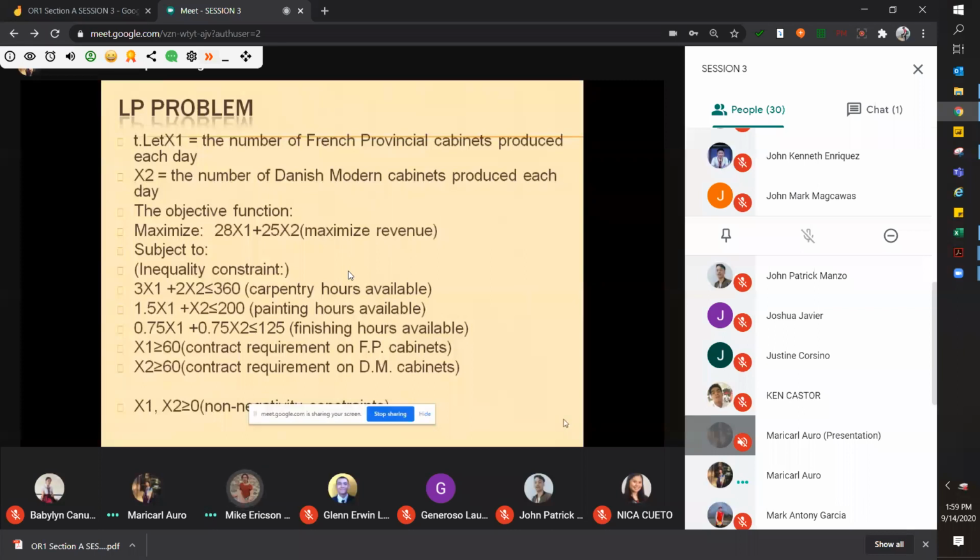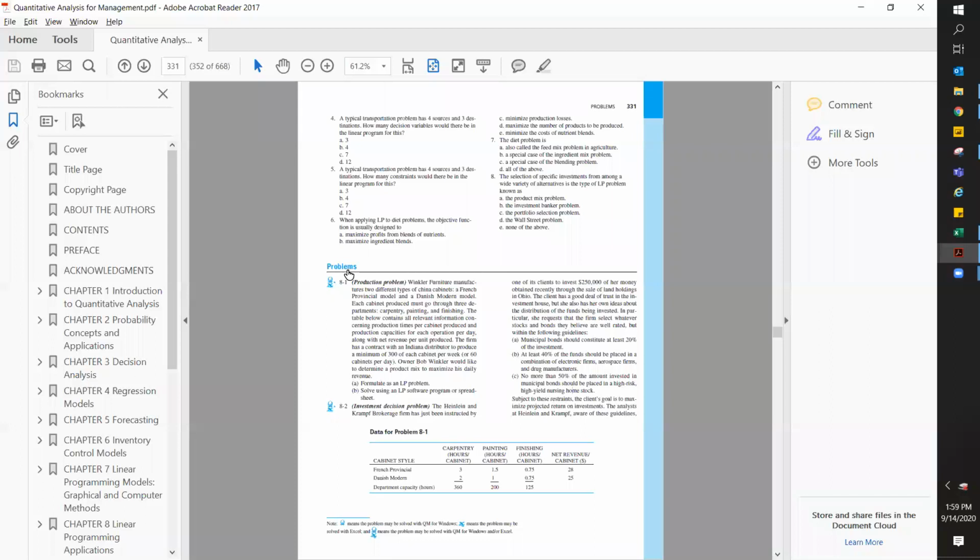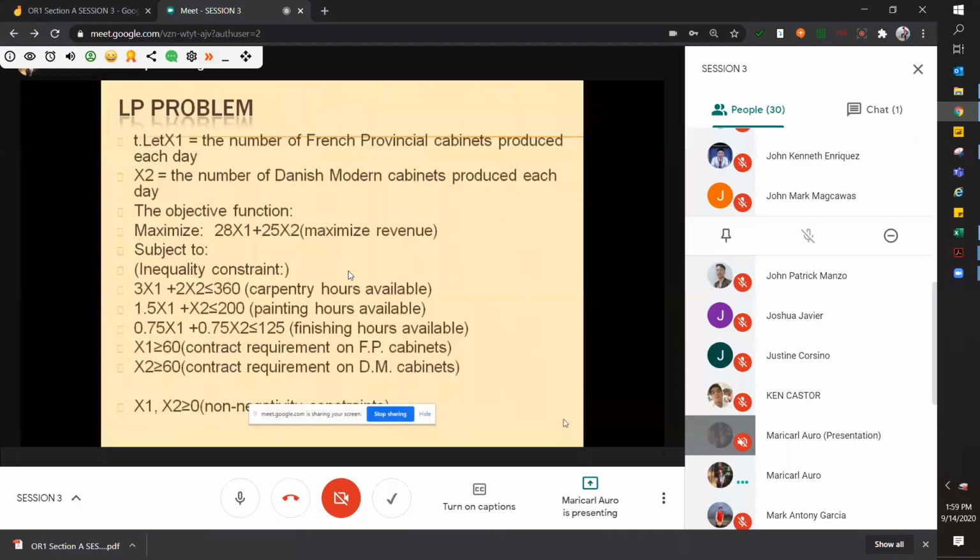Days per day. Yep. For each cabinet. Okay.